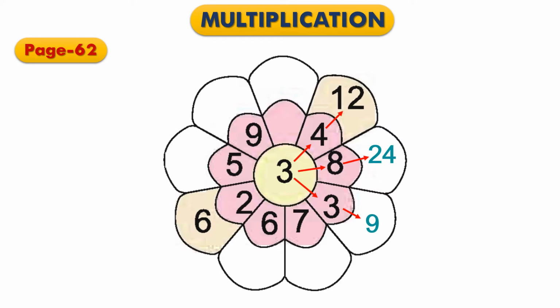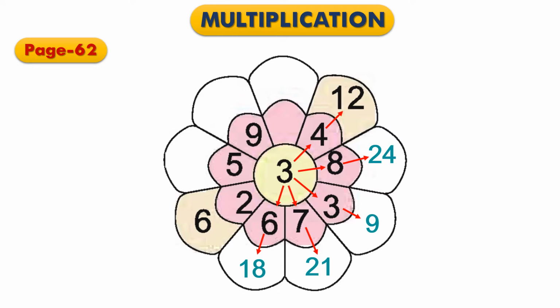Next we have 7, so we multiply 3 by 7, and the result is 21, so we write 21. Next we have 6, and 3 multiplied by 6 is 18, so we input 18 into that box. The next one is already done.